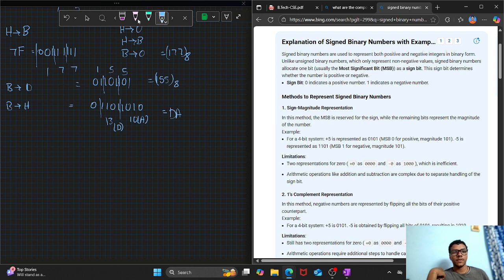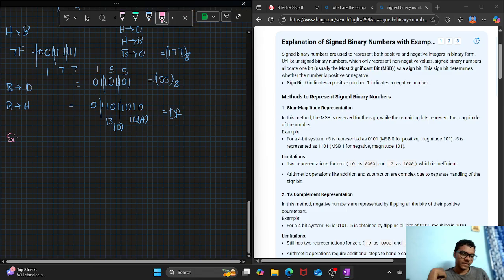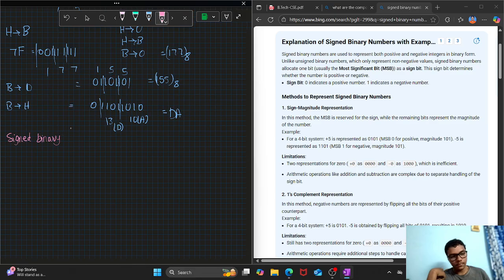Signed binary number representation. So there are mainly 3 ways of representing it.